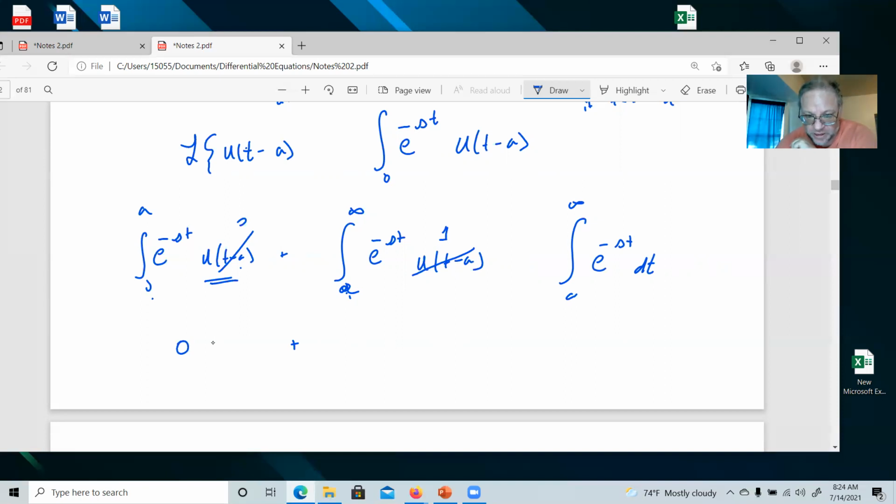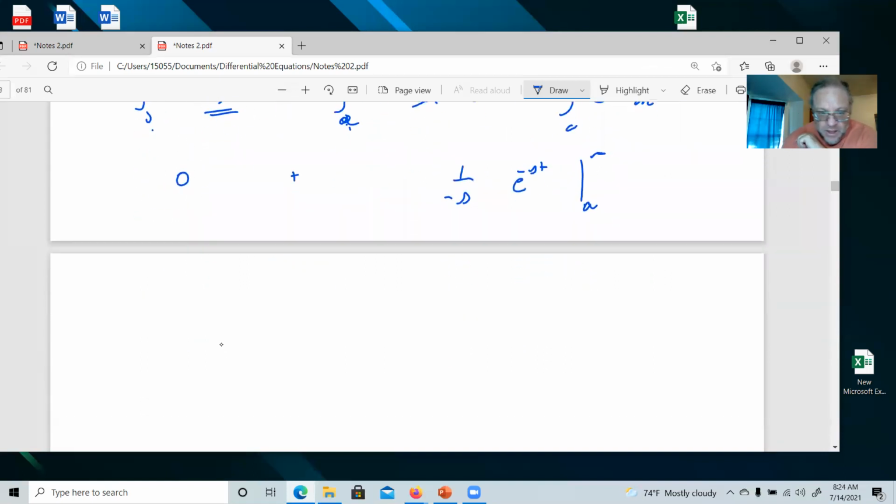So this is going to be 1 over negative s, e to the negative st. We're going to go from a to infinity. So it's going to be 1 over negative s, and then we have e to the negative s, I'm going to use a capital T, that's my limit as t goes off to infinity, minus e to the negative sa.